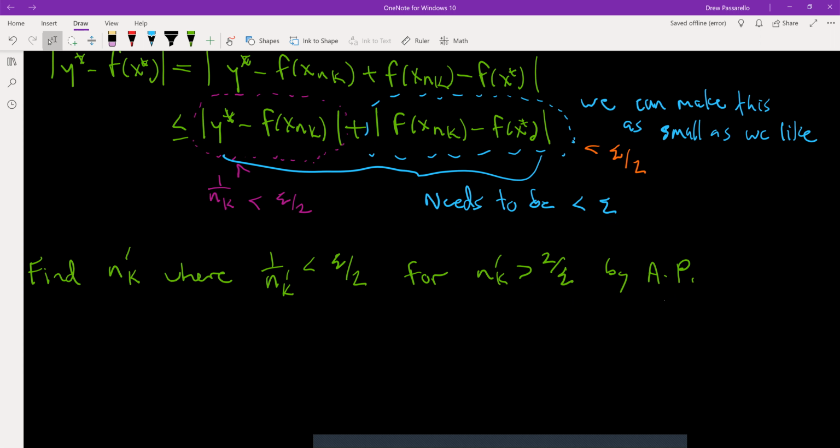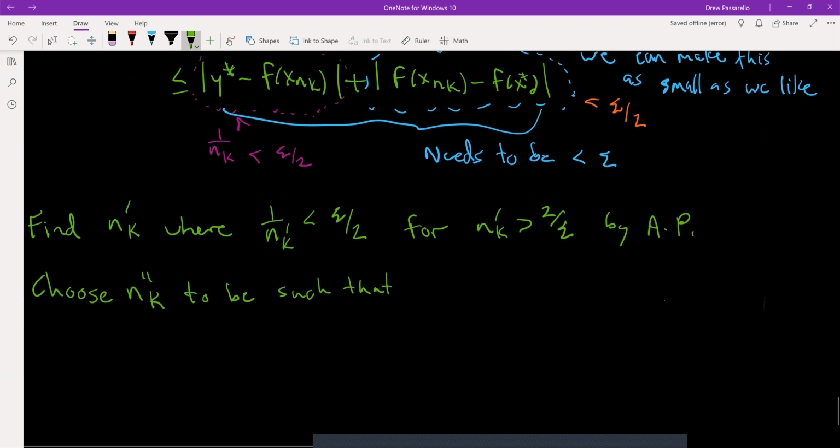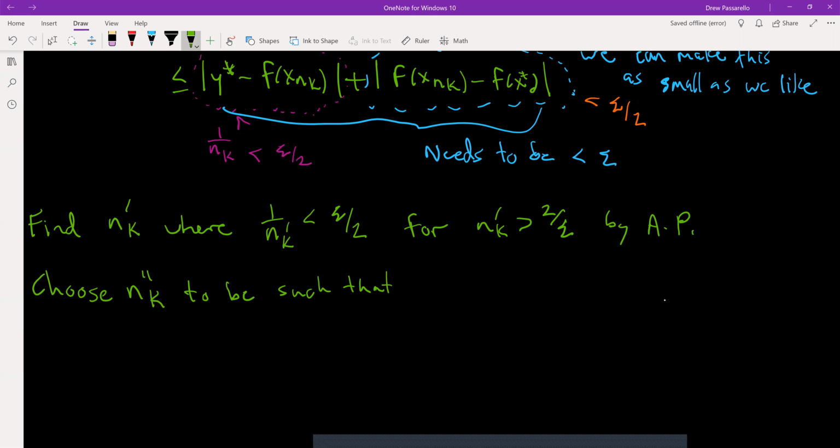Now for the other one, we're going to choose n_k double prime such that the absolute value of the difference of f of x_{n_k} minus f of x star is less than epsilon over 2.